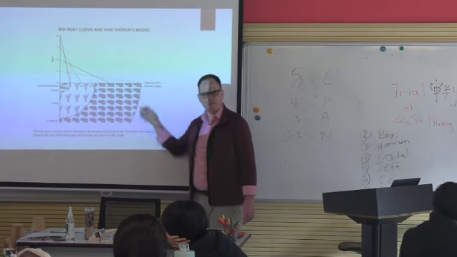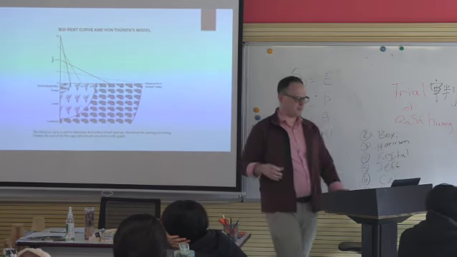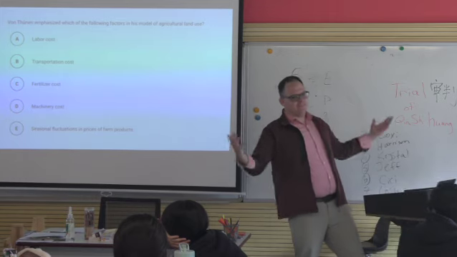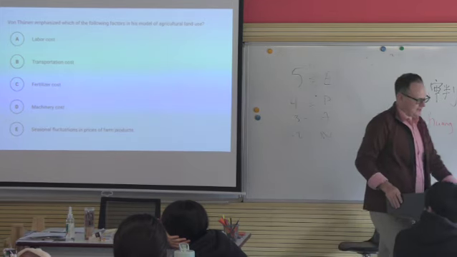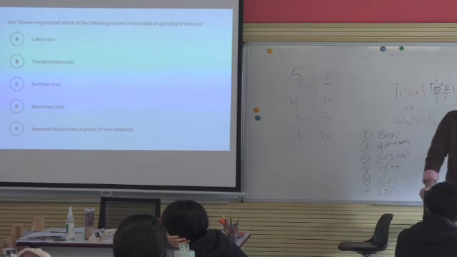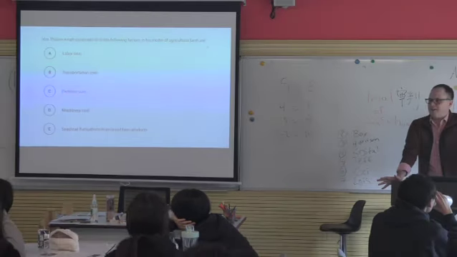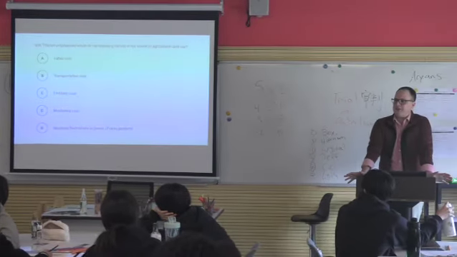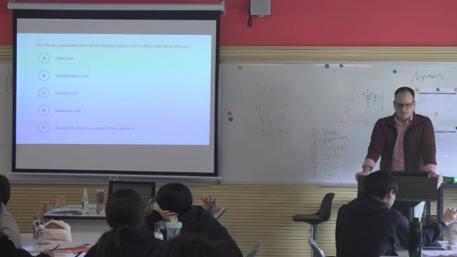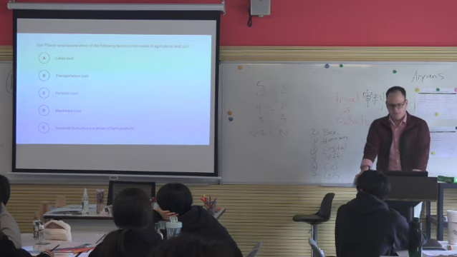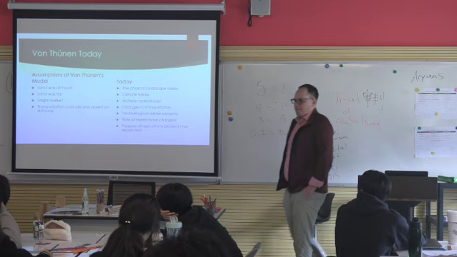All right, the amount of land that was needed determined where it was. So, let's say this question shows up on your test, right? Von Thunen emphasized which of the following factors in his model of agricultural land use? Transportation costs. Good.